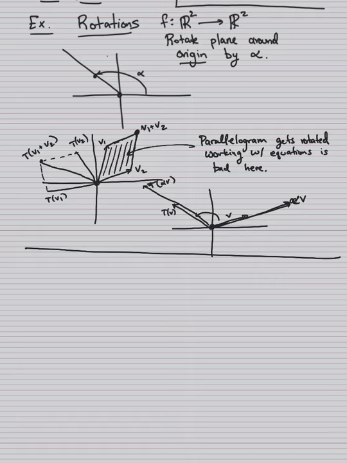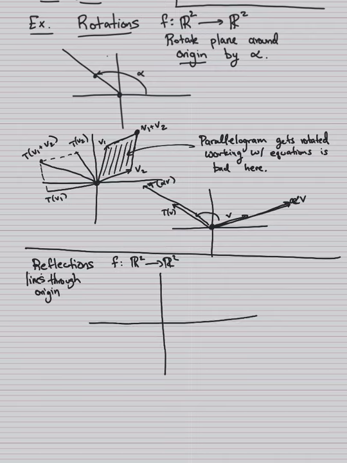So another good one is reflections. Again, these are transformations from R2 to R2, and they have to be across lines through the origin. Let me just pick a line.